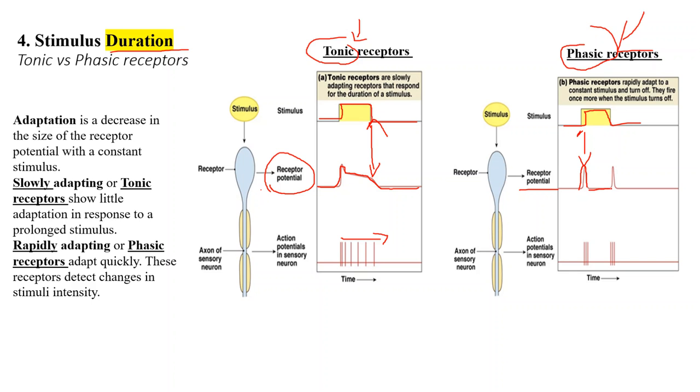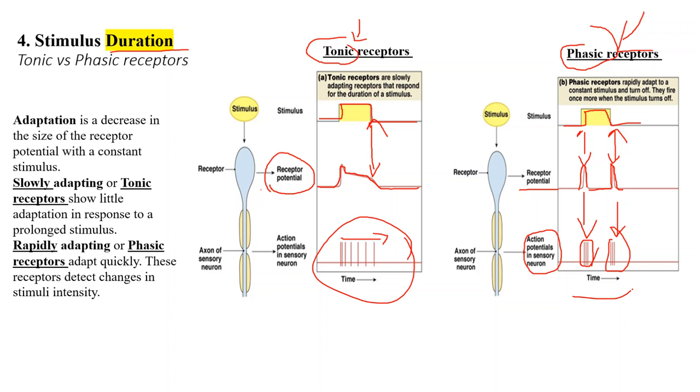And then there is another one that fires right at the end, when the stimulus turns off. So there is really one in the beginning and one at the end. And if we look at the action potentials that are generated, they are generated in consequence of the receptor potential at the beginning and at the end. So it's a pretty different situation here and here.